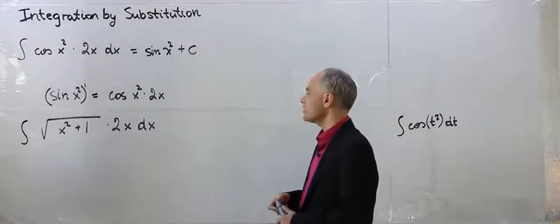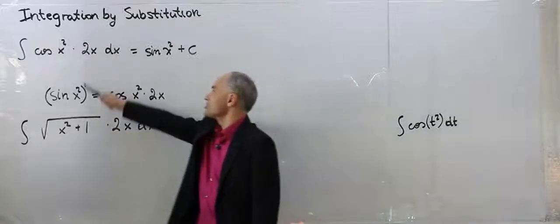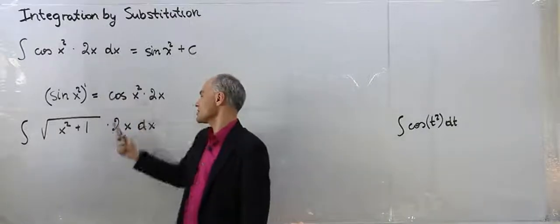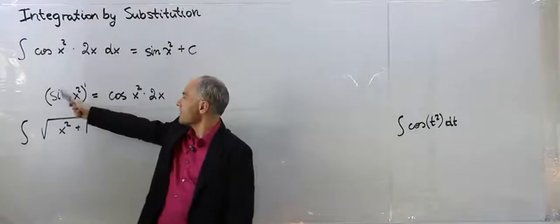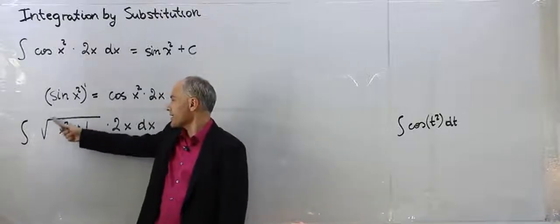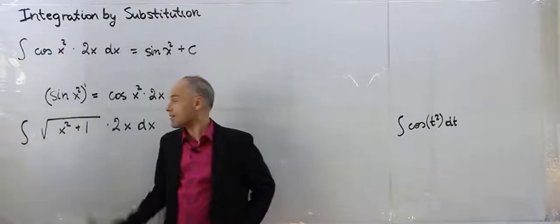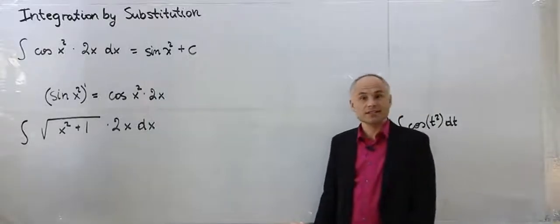This one is a little bit harder, right? But let's see what's similar between these two examples. You have 2x, 2x, and here we notice that sine is an antiderivative of cosine, right? So if I can find an antiderivative of the square root function, maybe I will get a guess, and then I can check if that guess is correct or not.